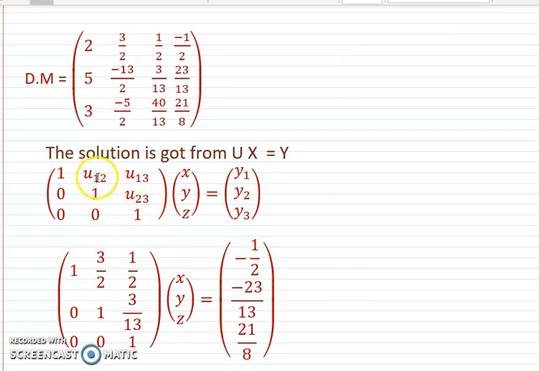Finally, we substitute the values U12, U13 and U23 in the first matrix, that is 3 by 2, 1 by 2, minus 1 by 2, and then 1, 3 by 13, and minus 23 by 13 for y.